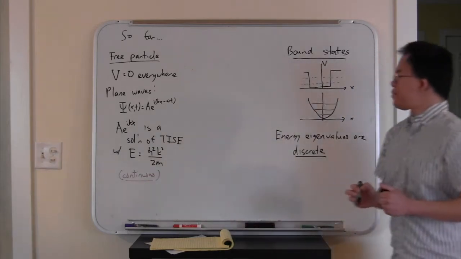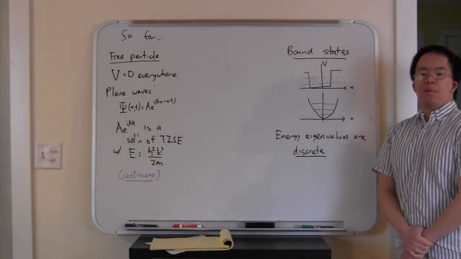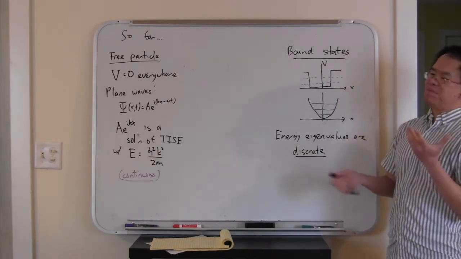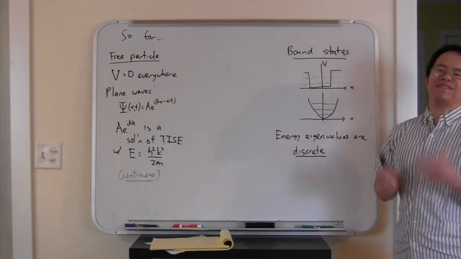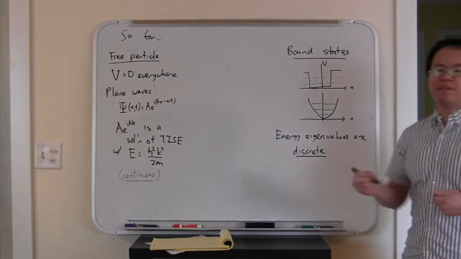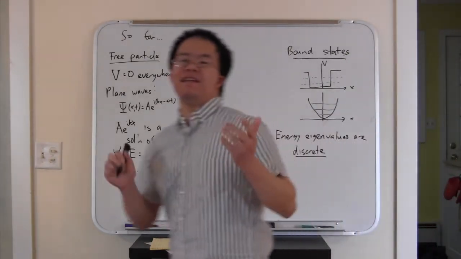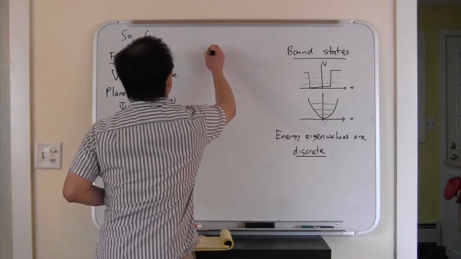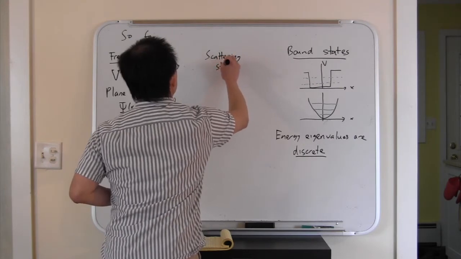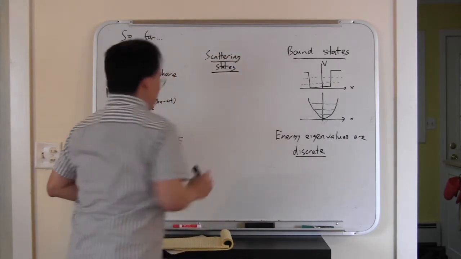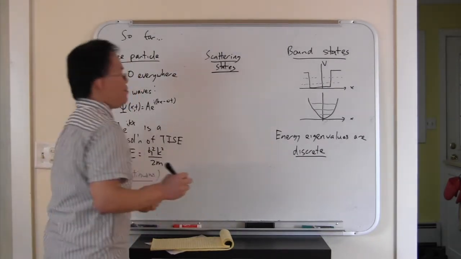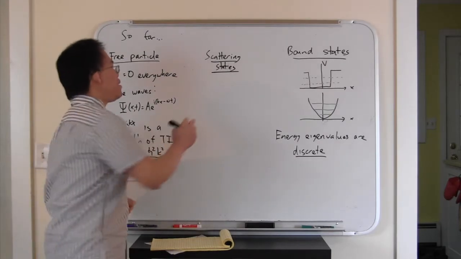And so what we're going to do today is look at a case that's somewhere in between these two situations, namely a scattering state. We can define a scattering state in the following way. A scattering state is neither a free particle nor a bound state.